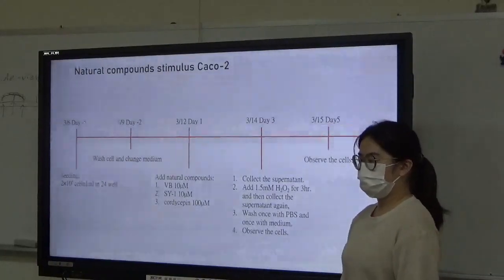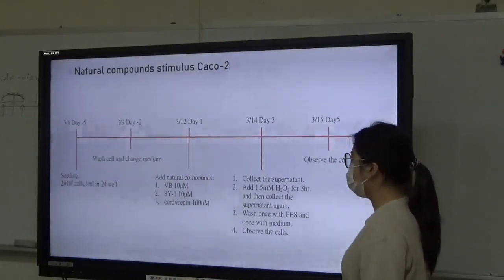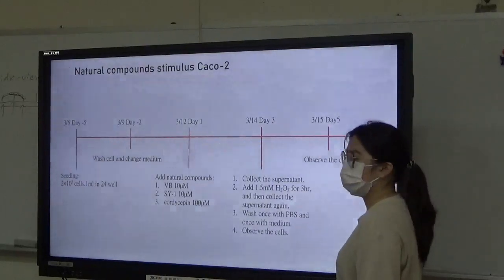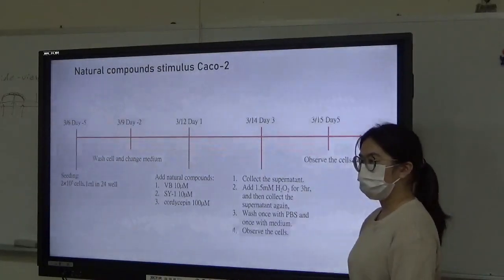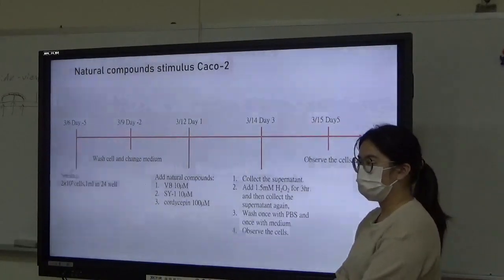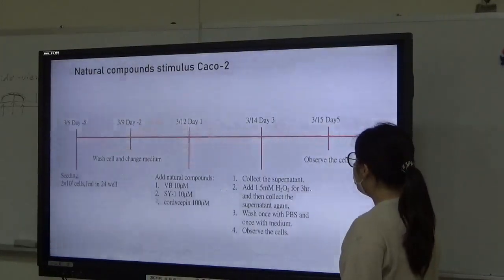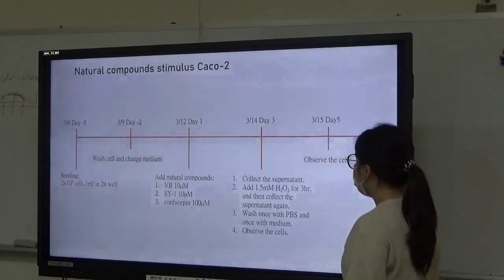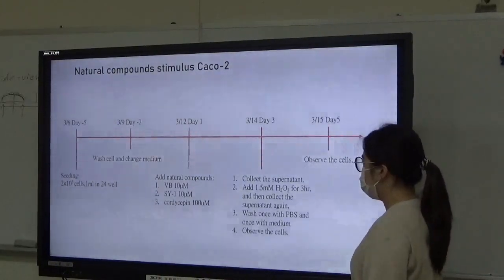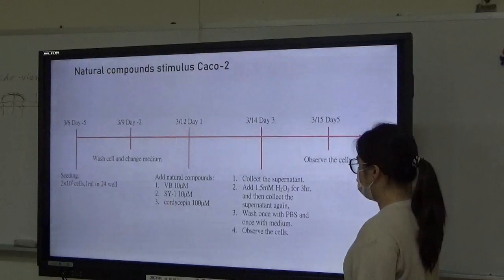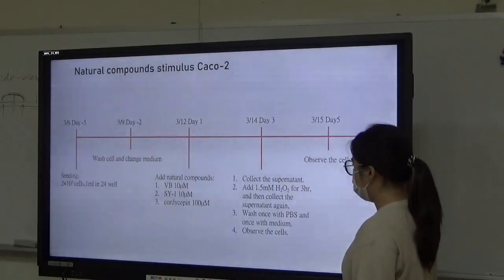She provides this, from our department. She can also purify many natural compounds.